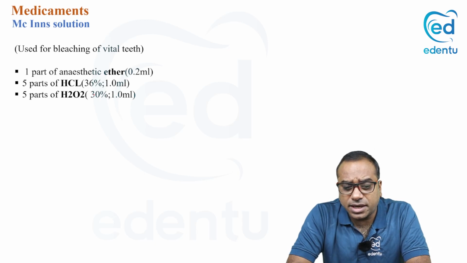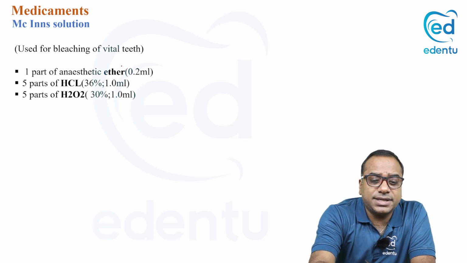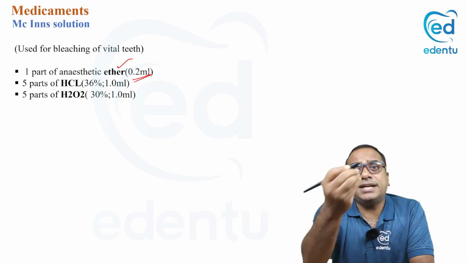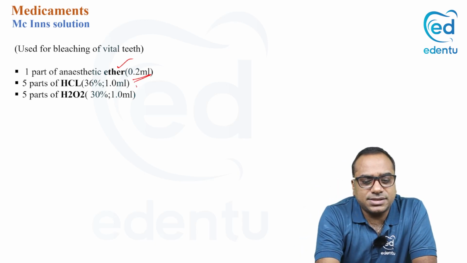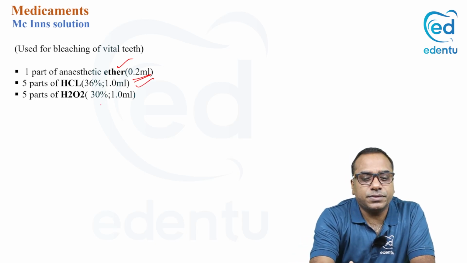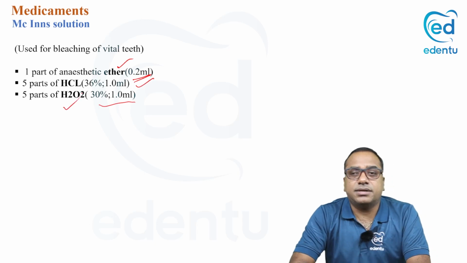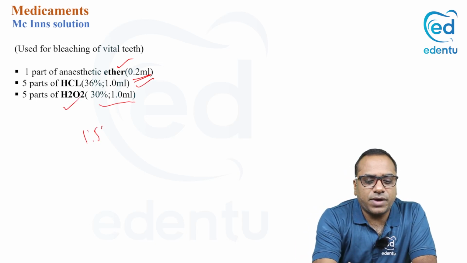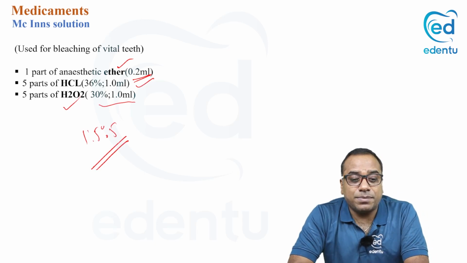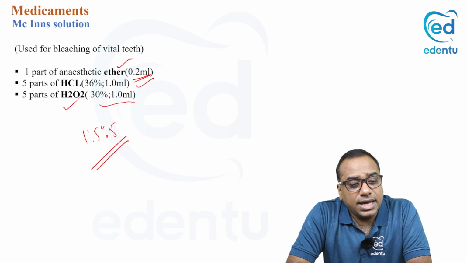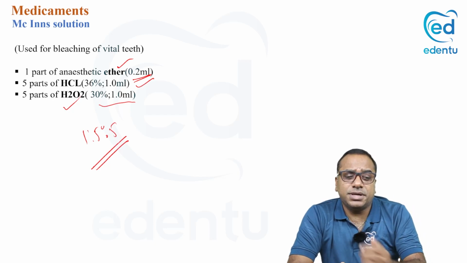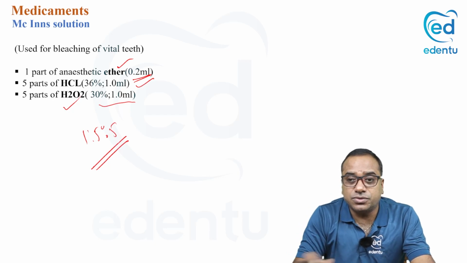What we use here is 1 part of anesthetic ether, that is 0.2 ml, 5 parts of HCl, which is 1 ml, and 5 parts of H2O2. So it is 1:5:5. 1 part is ether, 5 parts is hydrochloric acid, and another 5 parts is hydrogen peroxide. So McKay's solution is used for bleaching of vital teeth.